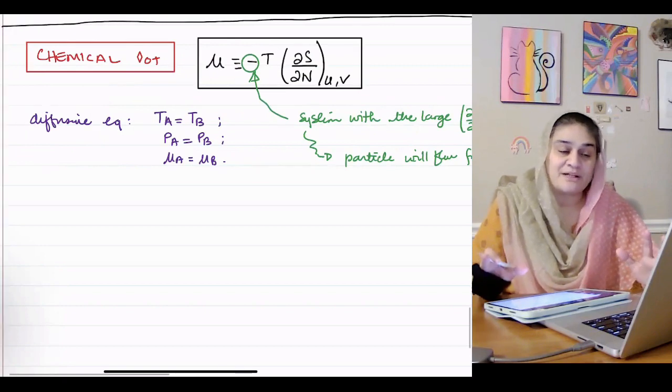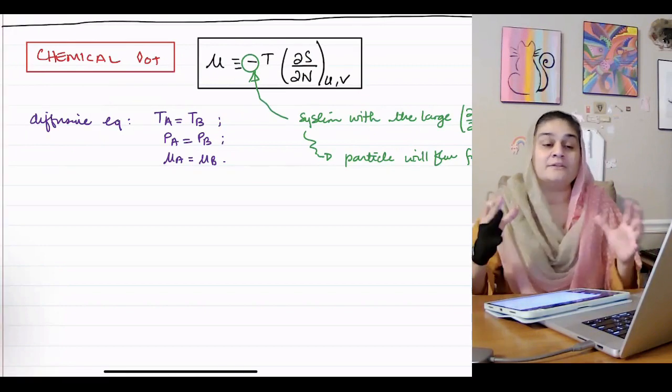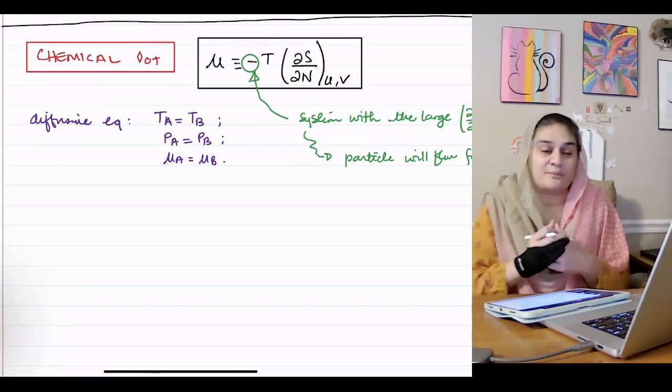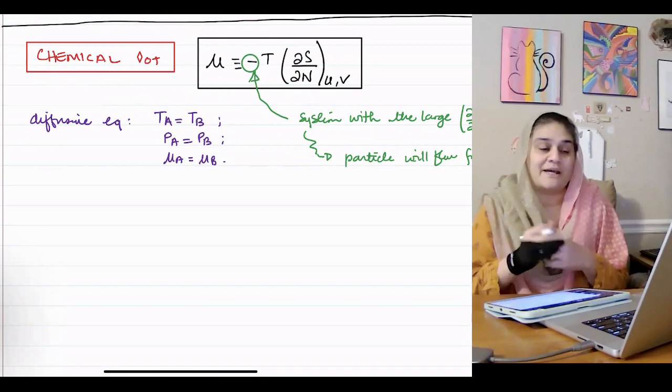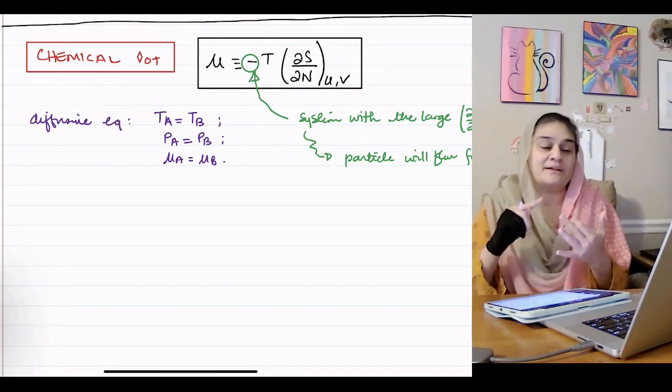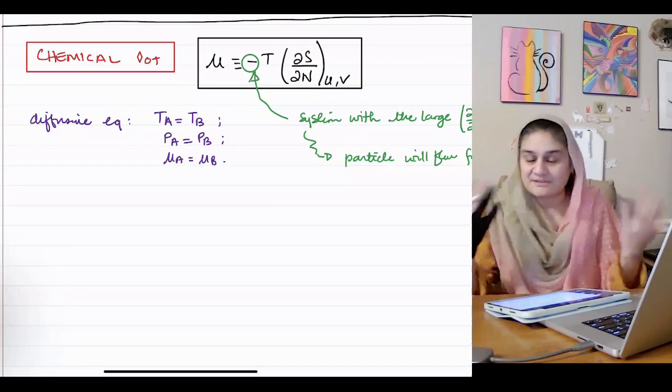And chemical potentials play a vital role in many parts of thermodynamics, which include processes like melting, boiling, evaporating, osmosis, and many more.